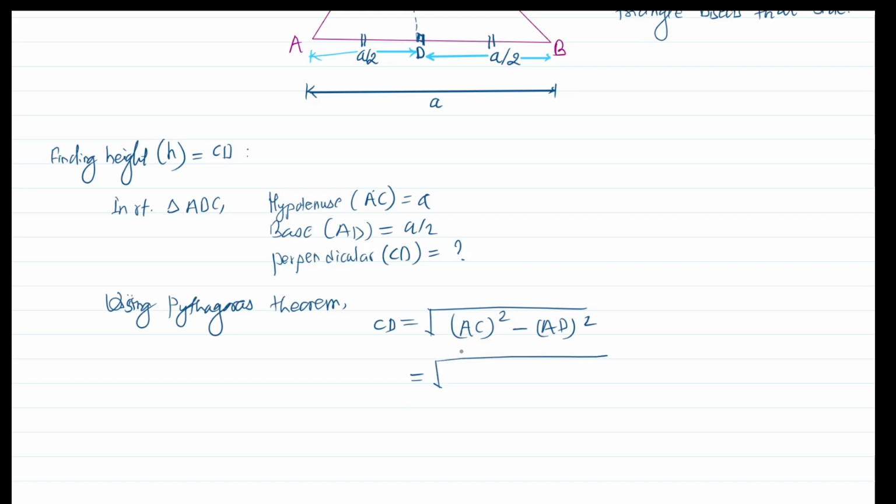And AC is A squared and AD is half of A, squared. This will be A square minus this will be A square upon 4.